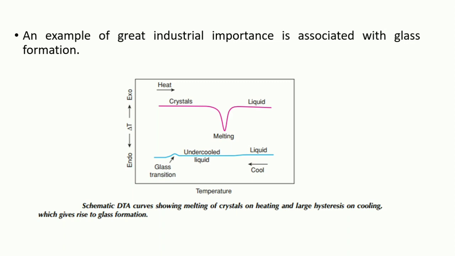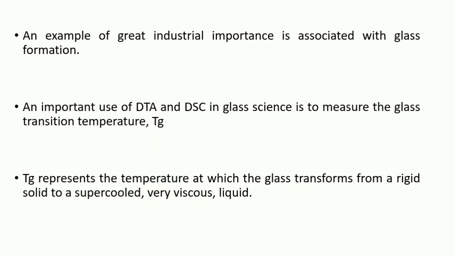An important use of DTA and DSC in glass science is to measure the glass transition temperature, represented by Tg. This appears as a broad anomaly in the baseline of the DTA curve, as shown in the figure that was already discussed.